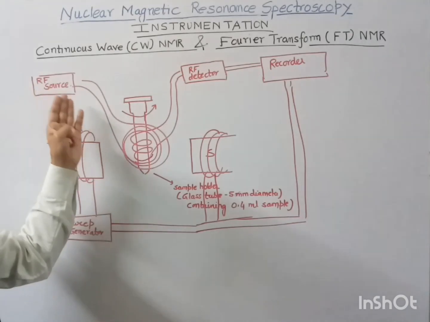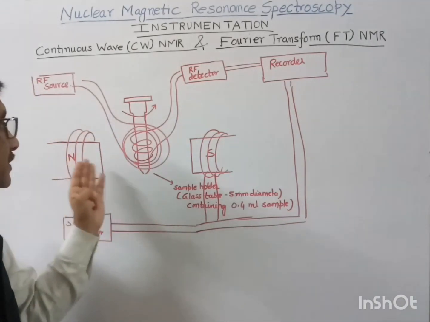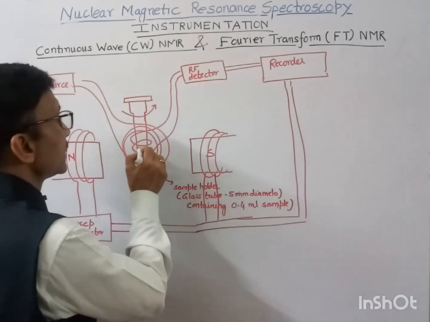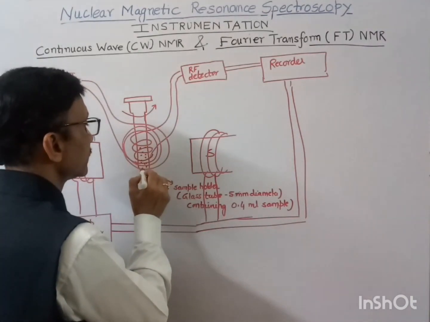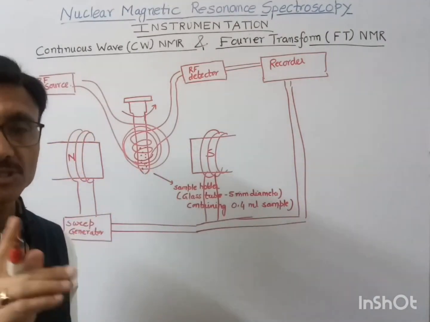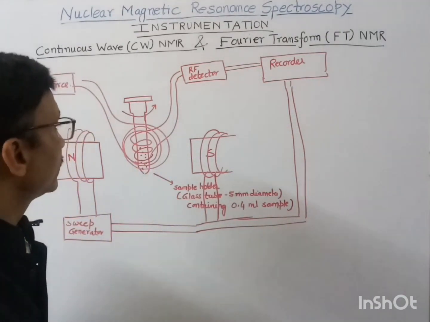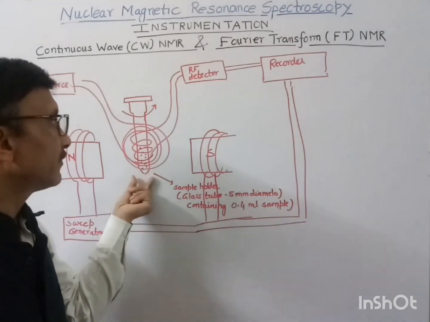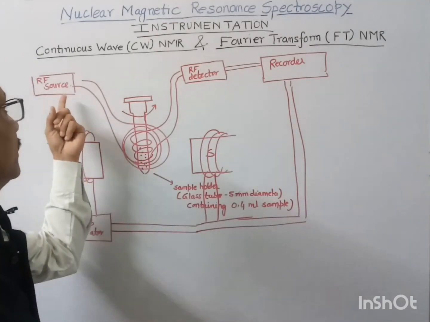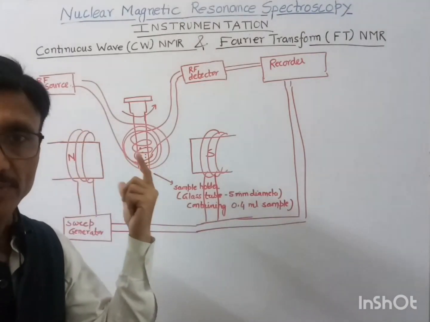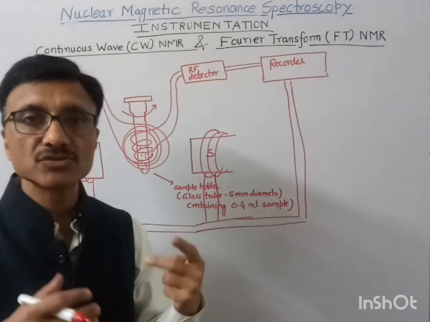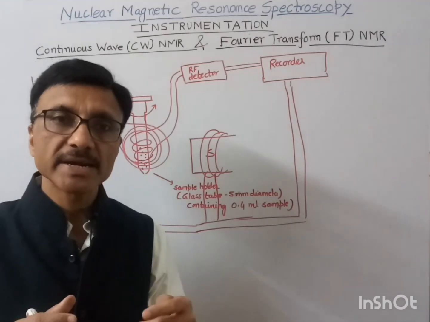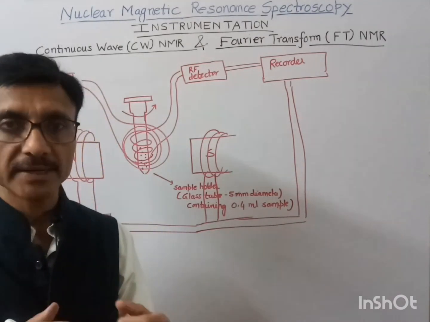So in the presence of this radio frequency source and this strong magnetic field, the nuclei present in the sample start to precess, and when the precessional frequency of the nuclei in the sample becomes equal to the frequency of radio waves, then resonance takes place and the nuclei get excited from the alpha state to the beta state.